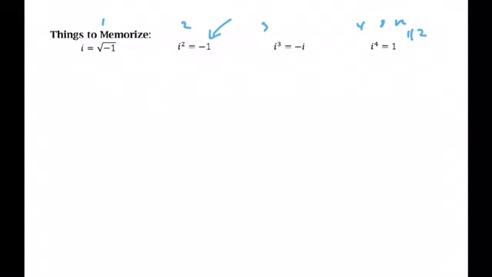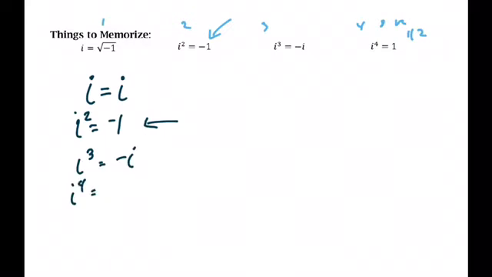Going back to this first page right here, i is equal to i. And then i squared is equal to negative 1, and this is the one that we have to memorize. And then I could say i to the third power is equal to negative 1 times i, so negative i, and i to the fourth power is equal to negative 1 times negative 1, which is 1.